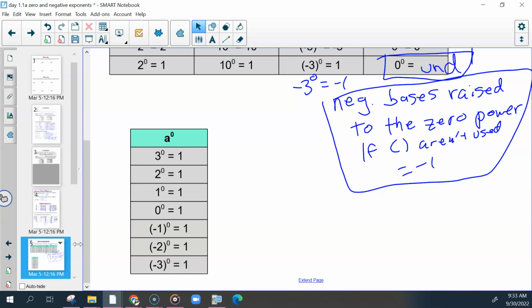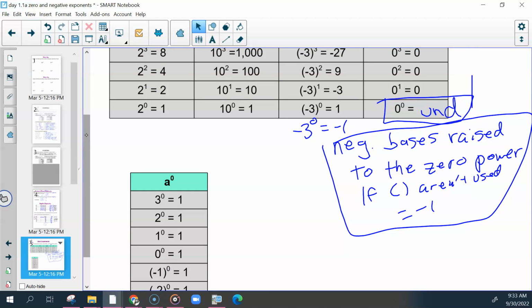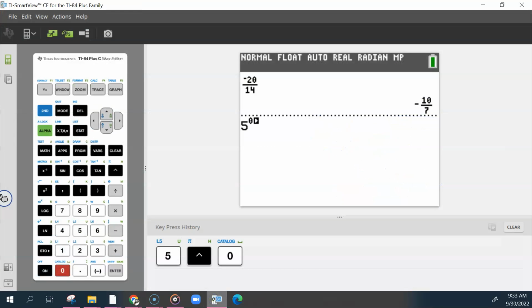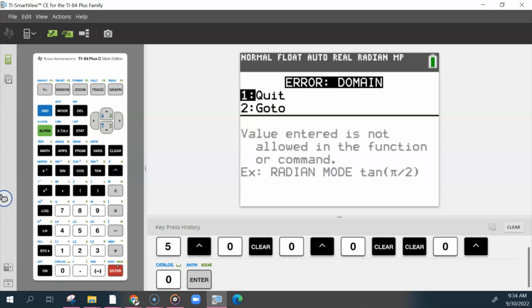If all of these things should be 1, but it should also be 0, if you put in 0 to the 0, so go ahead and do that. 0 to the 0, nope. What happens? You get another error. So any number except 0, when you put in 0 as an exponent, you get 1.